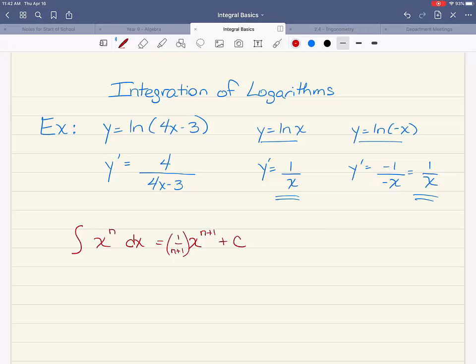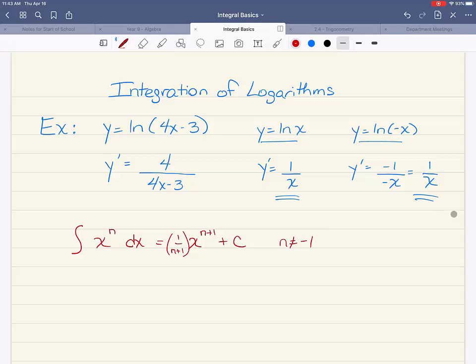And think about what that would be. What is the one value of n that I am not allowed to plug into this scenario? That value happens to be negative 1. Because if I substitute negative 1 right here, that means negative 1 is going to go right here, which means the bottom of the fraction is going to be a 0. And you can't have 0 on the bottom of a fraction.